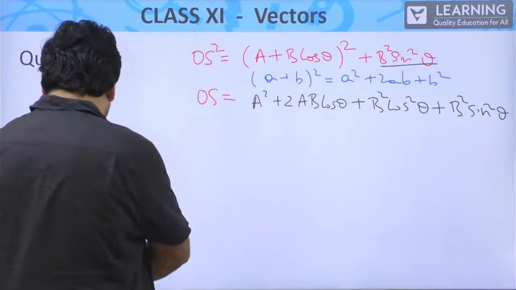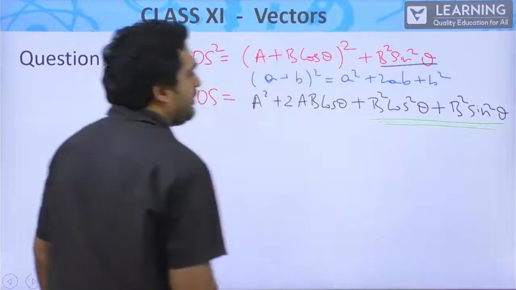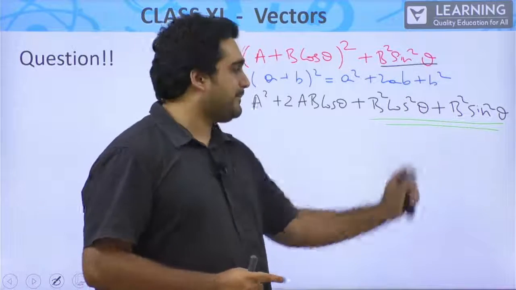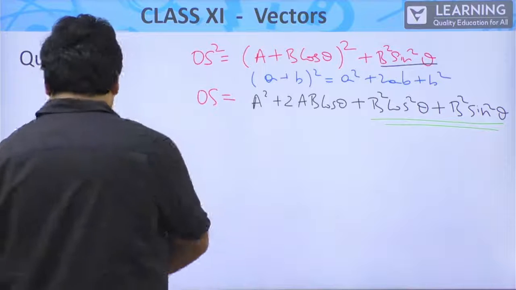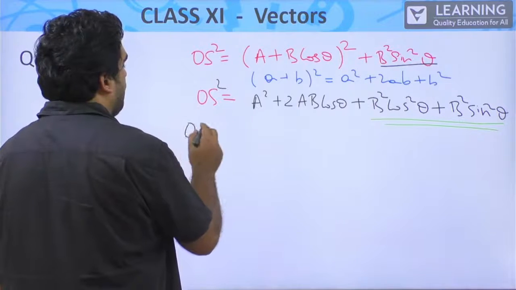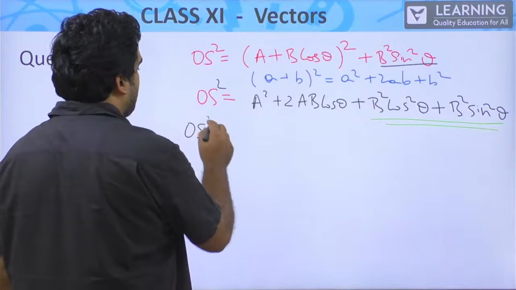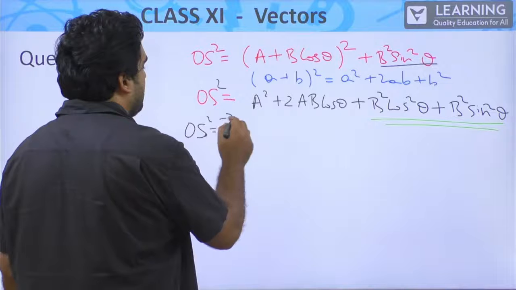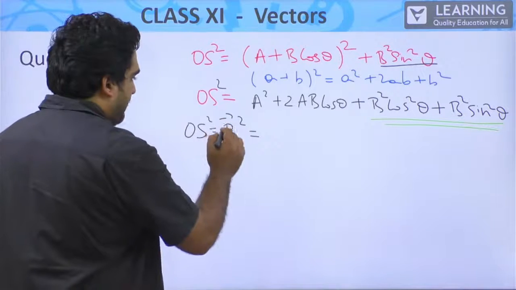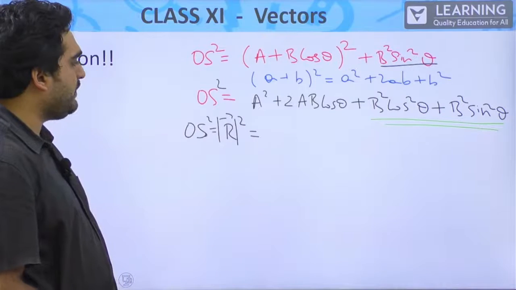Now, from these two, the common factor is B square. So taking that common factor, OS square. Here's what I'm going to do. I'll write this OS square as the magnitude of r vector square, because we're trying to find its length, right?